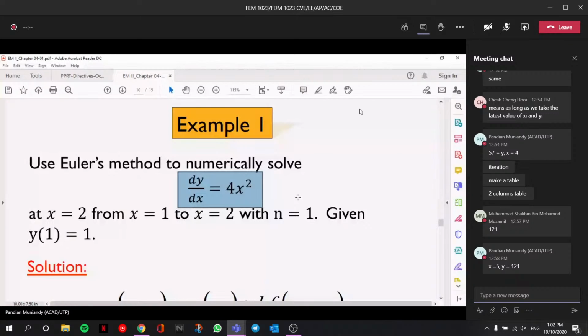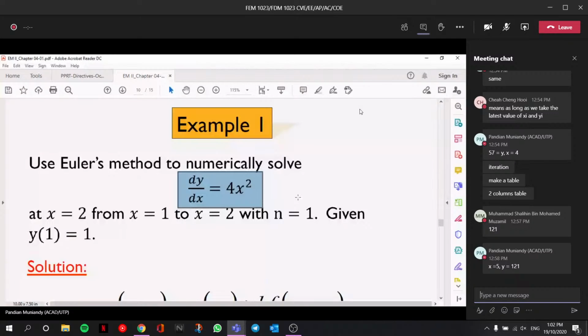When x is 1, y is 1, so 1 equals 4 over 3 plus c. So c is 1 minus 4 over 3, which is minus 1 over 3. So your y is 4 over 3 x cubed minus 1 over 3. This is your answer.